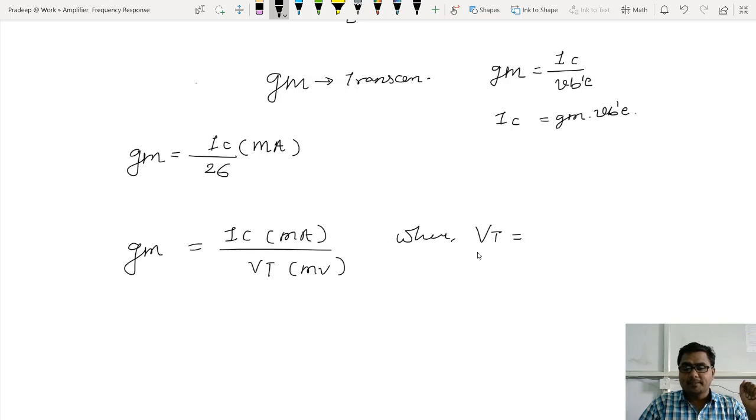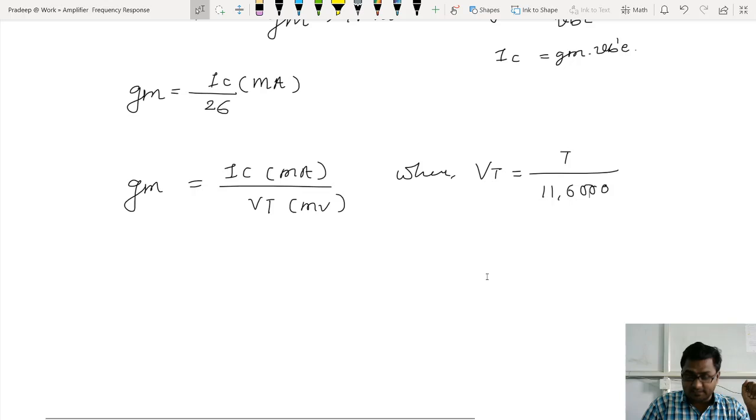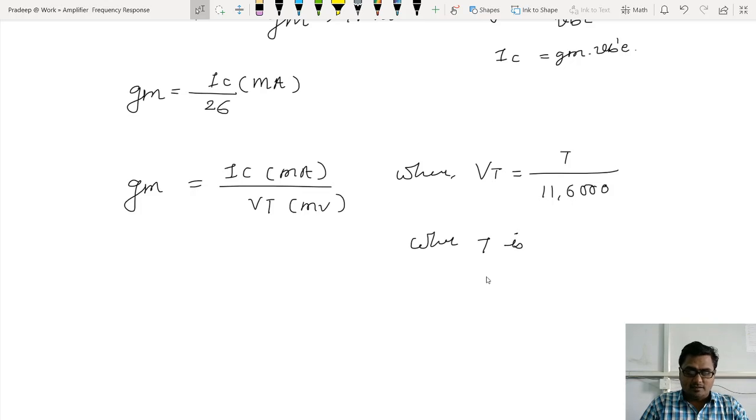Where VT is what? The thermal voltage, which is the room temperature divided by 11,600, sorry, 11,600. That's the actual equation. Now again a new term T, where T is the room temperature. How much is room temperature?